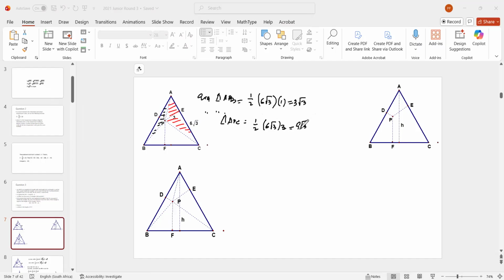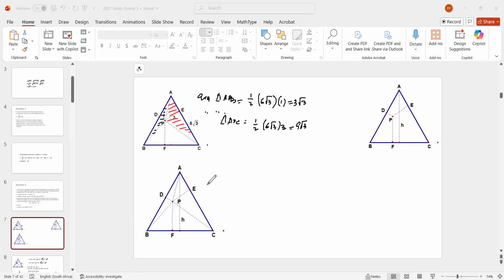Okay. And then they ask us to prove that the sum of the three perpendiculars is equal to the height of the triangle. I told you they all are equal, the sum of the three. They're actually equal to the height of the large triangle.